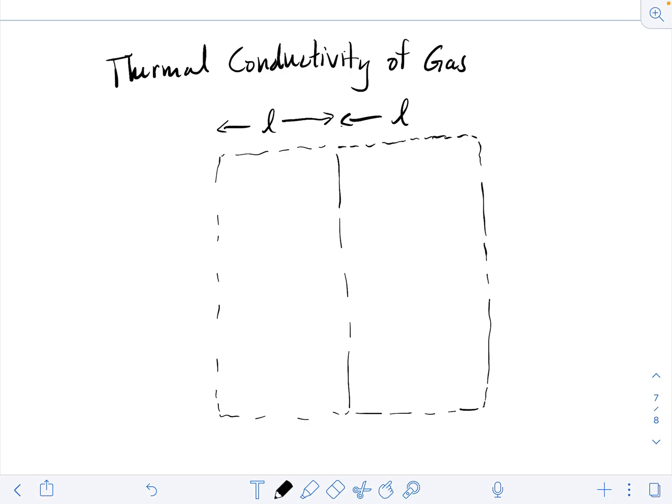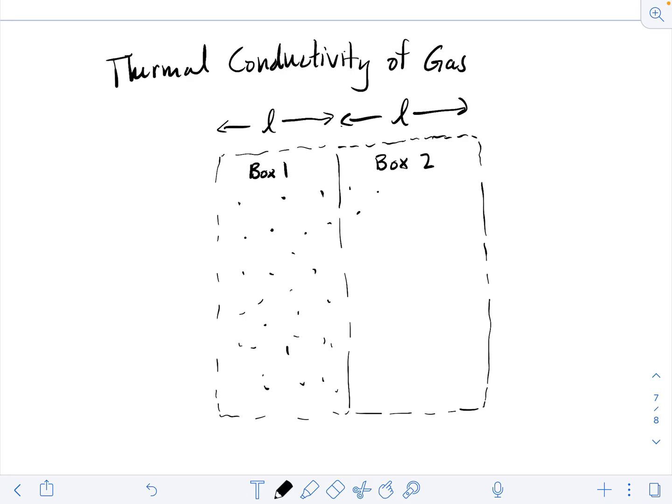Okay, so this second box is also a mean free path wide. And so this is box 1, and this is box 2. These aren't closed containers, they're open containers, and so that's why I've drawn them as dashed lines. And so gas particles can move around and pass through the boundaries.